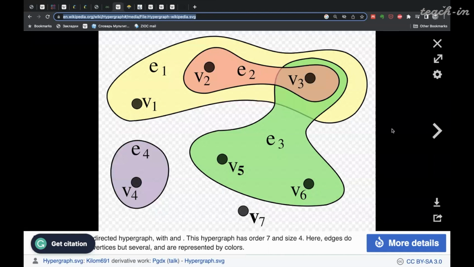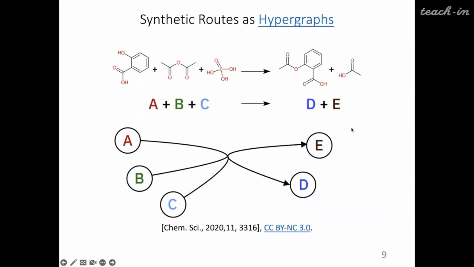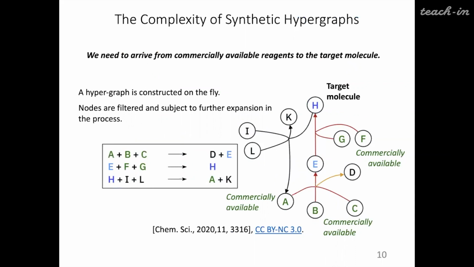And this allows us to have edges that connect three vertices in such a way, or we can even have loops, etc. So these synthetic routes get very complex very rapidly if we consider organic synthesis.